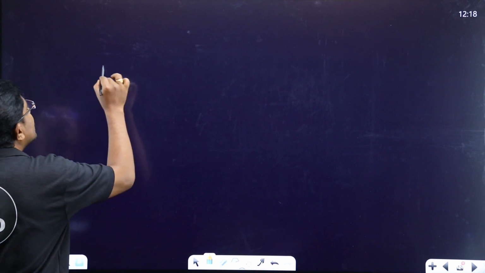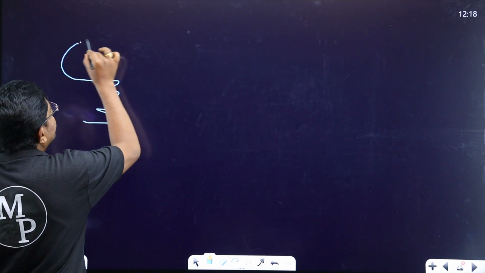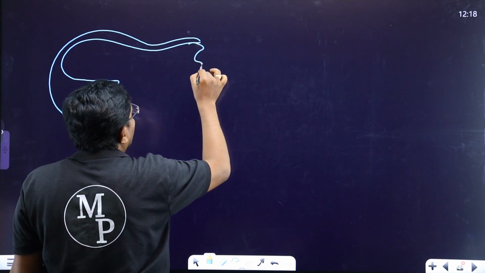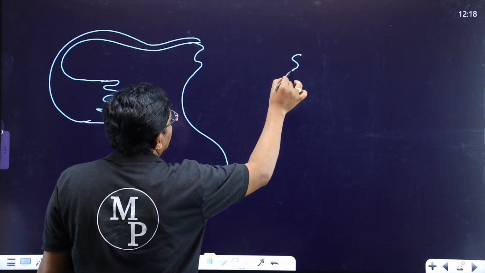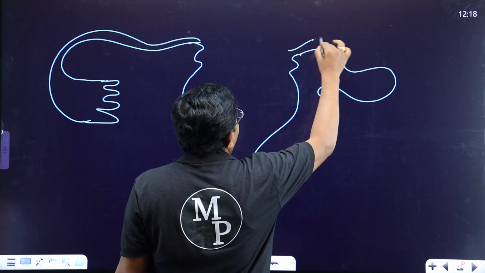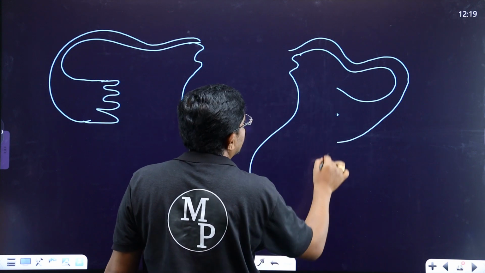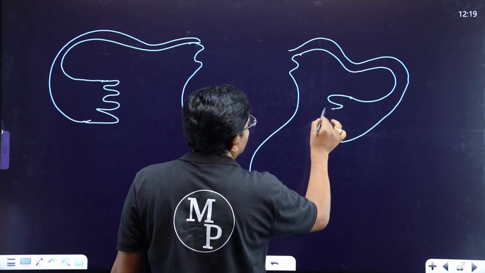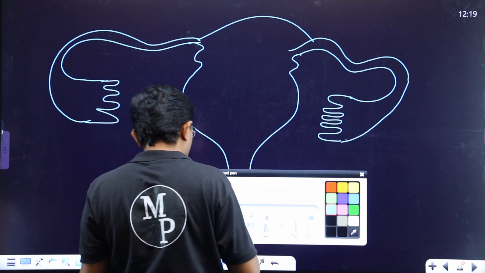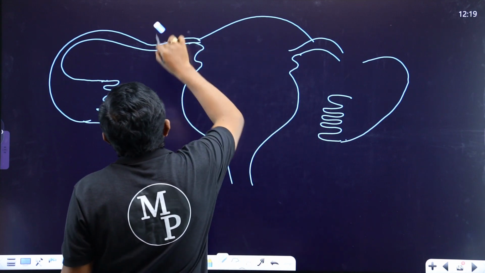For example, it is the fallopian tube, it is the uterus, and it is the uterine fundus here and here.